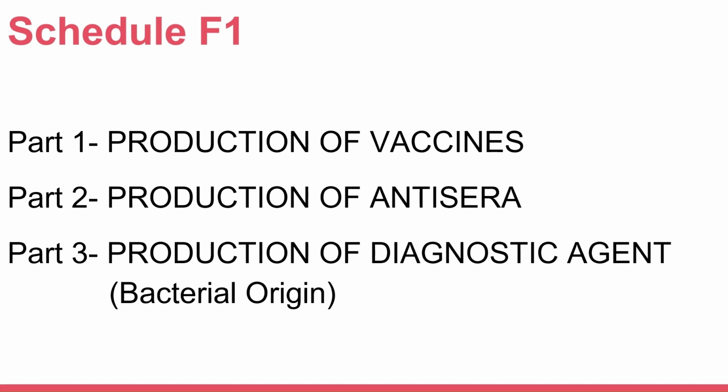It's details about the production of vaccines. Similarly, Part 2 is the details about the production of anti-sera, and Part 3 is related to the production of diagnostic agents which are of bacterial origin.